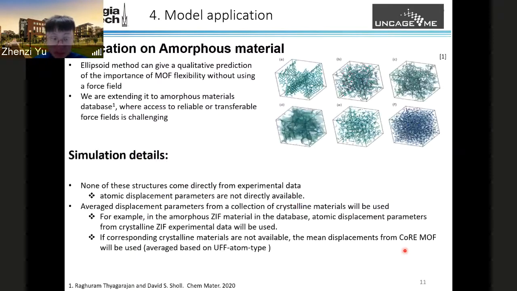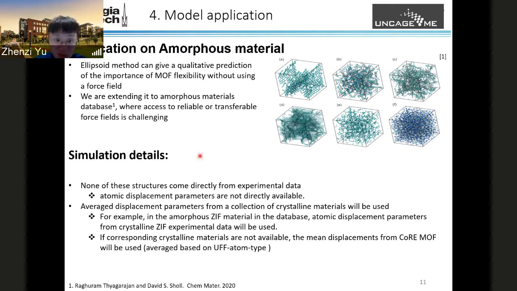Besides the MOF systems, we also applied our method on amorphous porous materials. Because our ellipsoid method can give a qualitative prediction of the importance of MOF flexibility without using a force field, and access to a reliable and transferable force field for amorphous porous materials is very challenging, we think our method is definitely suitable for amorphous porous material modeling.